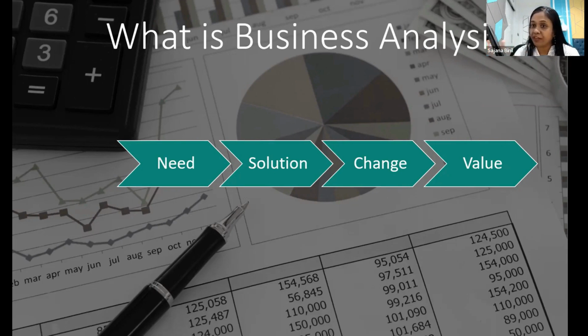So need, solution, we have spoken about that. Once we build a solution that can help solve a particular need, what does that do, guys? Well, that brings about a change in the way our customer is doing business, or maybe the way his customers are doing work. For example, WhatsApp or Telegram has changed the way we collaborate with each other, isn't it?